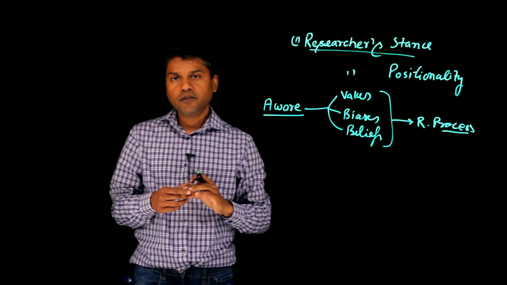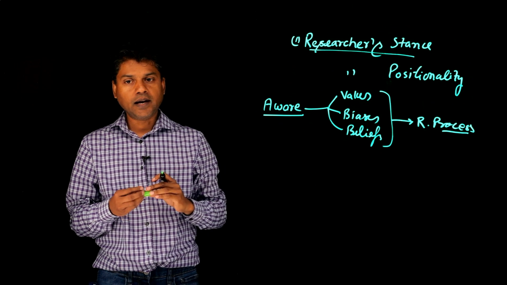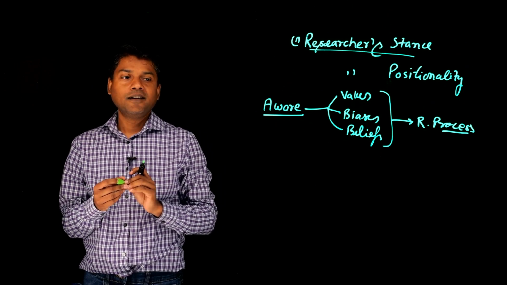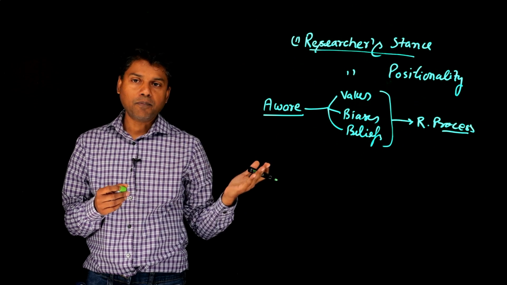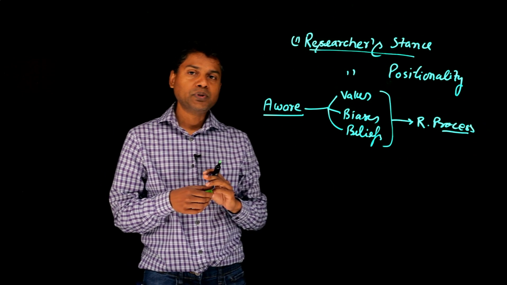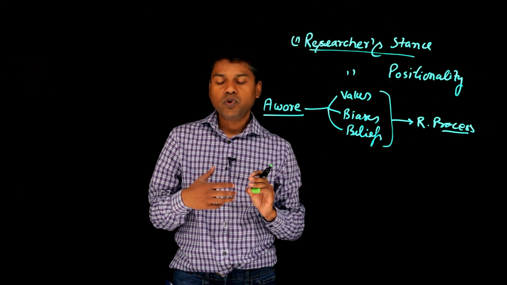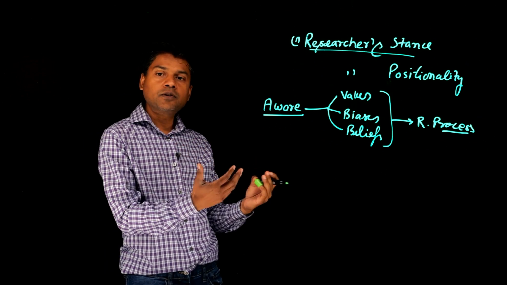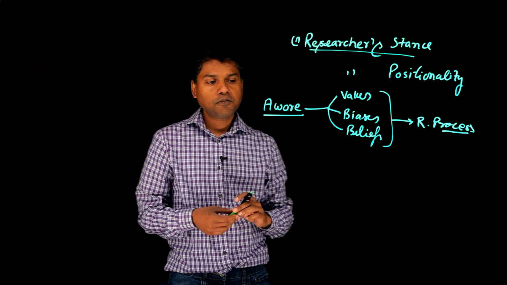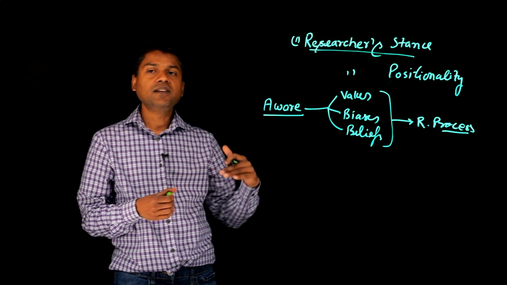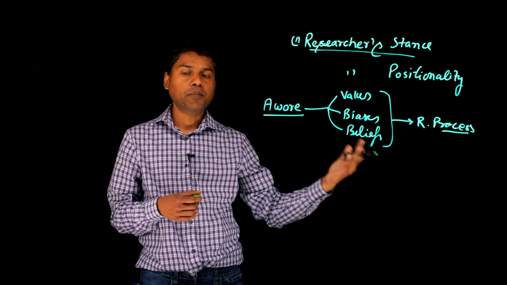Generally, if you talk to any researcher and ask them, why are you interested in this topic? In most cases, we as researchers gravitate towards a particular topic because we can personally relate with those topics.